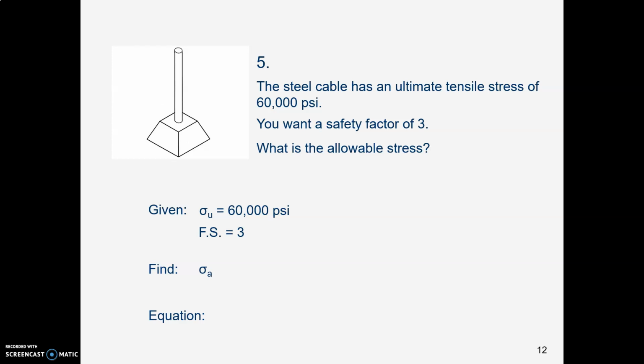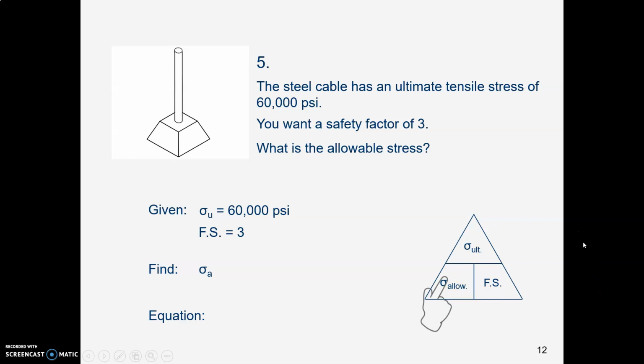Okay, so what equation will you use? Let's go back to our triangle where we know that factor of safety is whatever stress you're working with, the ultimate stress in this case. In a previous problem, we put yield stress up here. In this problem, we're putting ultimate stress here. Anyway, factor of safety is ultimate stress over allowable stress.